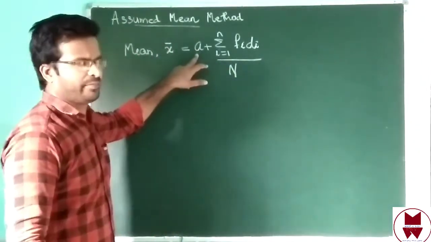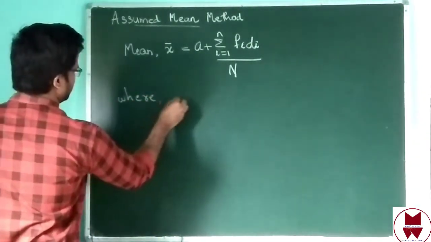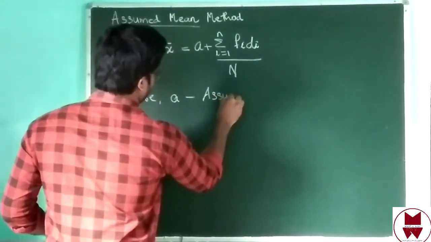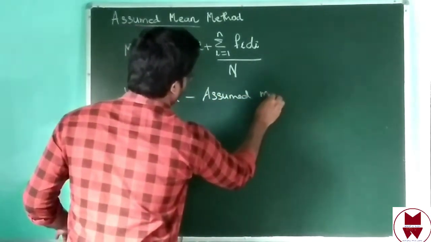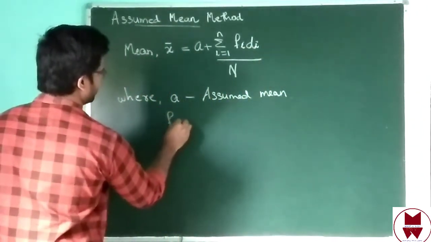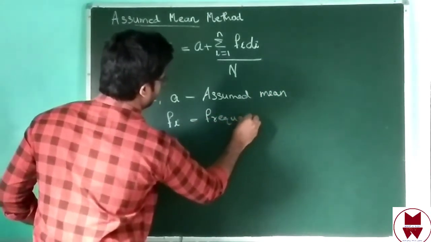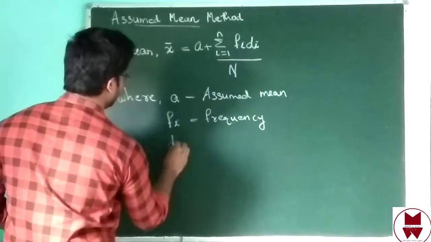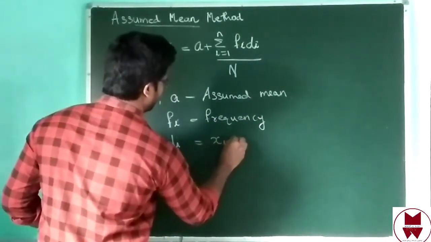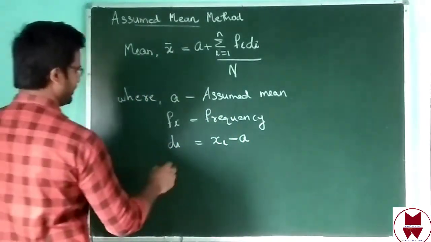Here a is the assumed mean, fi is frequency. What is di? Xi minus a, that is di.